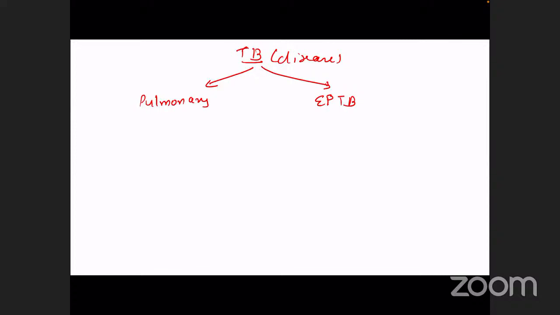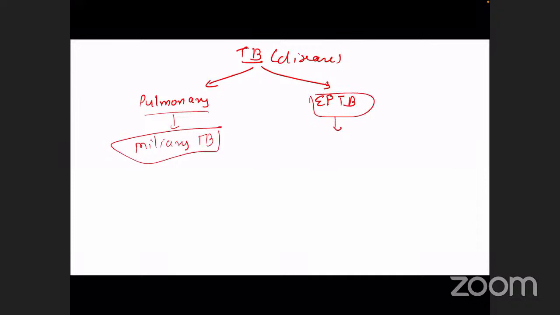Pulmonary tuberculosis is obviously more common and more infectious. EPTB has specific patterns and specific organ involvement. For pulmonary tuberculosis, just remember one thing: miliary TB is included in pulmonary TB. Secondly, why is it important to know about EPTB? Because many of the patients will be smear negative, culture negative, even the rapid test will be negative, and you may have to treat the patient based on the ancillary investigations.